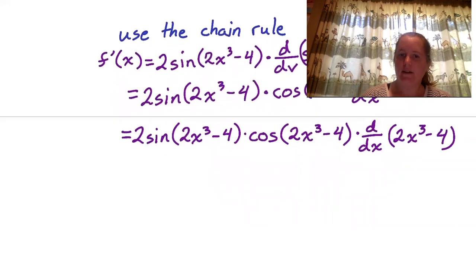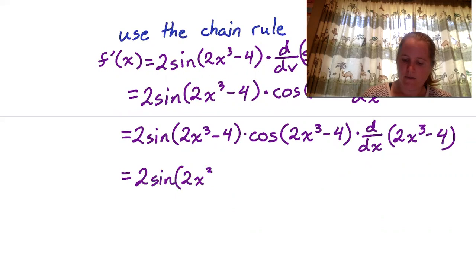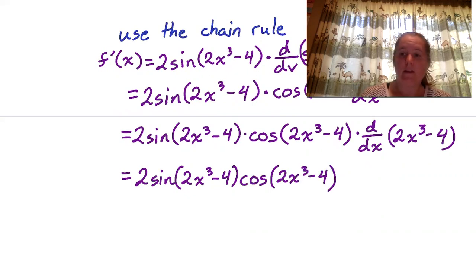And if we go ahead and take that last derivative, we have 2 sine of 2x cubed minus 4 times cosine of 2x cubed minus 4 times the derivative of 2x cubed minus 4, power rule.